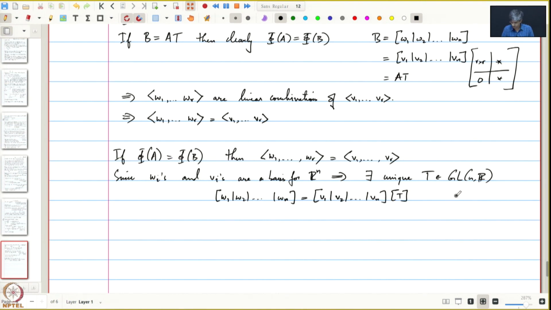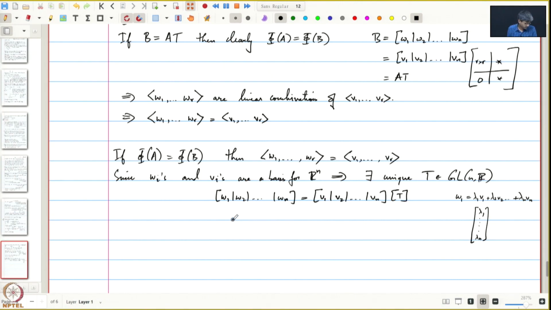If I write W1 as lambda_1 V1 plus lambda_2 V2 plus up to lambda_n Vn, then the first column of T will be lambda_1 up to lambda_n. And this matrix T clearly has to be in GL_n(R) because we can replace the roles of W and V, and the resulting matrix T prime that we get is going to compose with T to give identity.